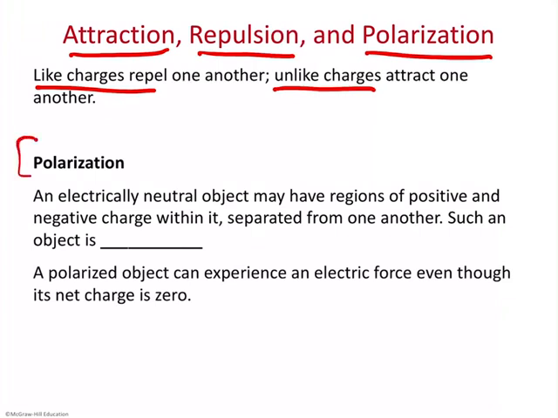So what happens is you have this thing called polarization, which is where you have an electrically neutral object, but you can cause those charges to move around if you've got something charged that you can put up close to it. I'll show you a picture here in a minute. Whenever you separate the charges, that's called being polarized. And a polarized object can experience an electric force even though it still has a net charge of 0.